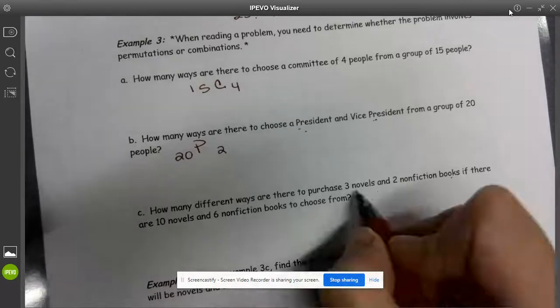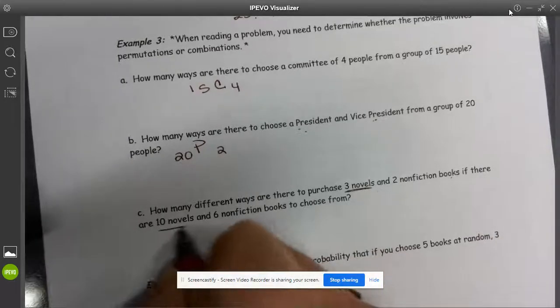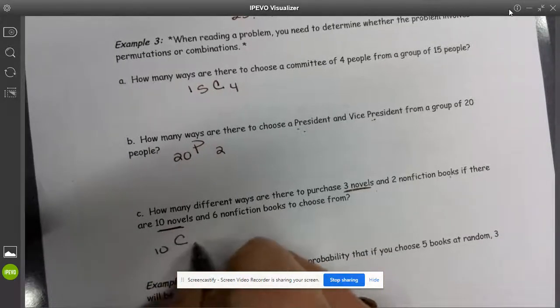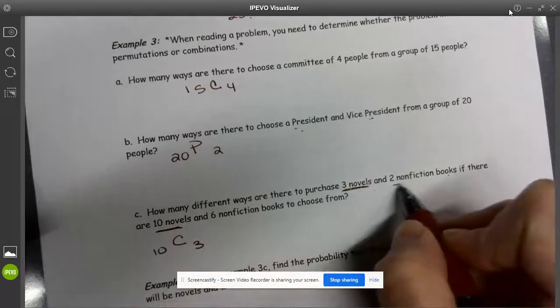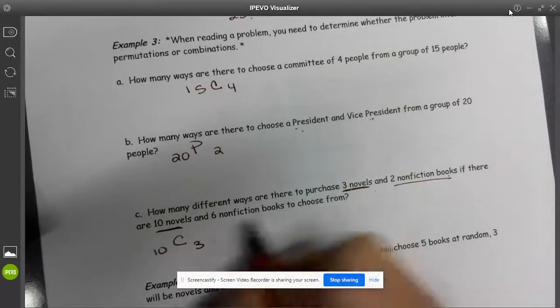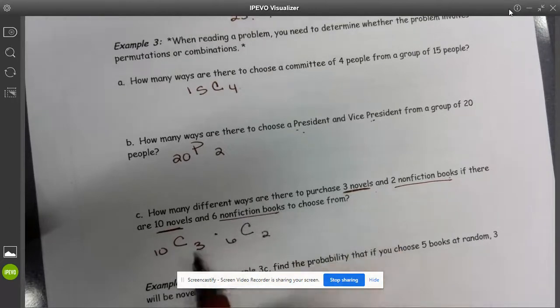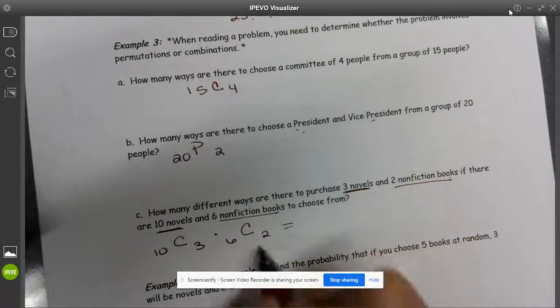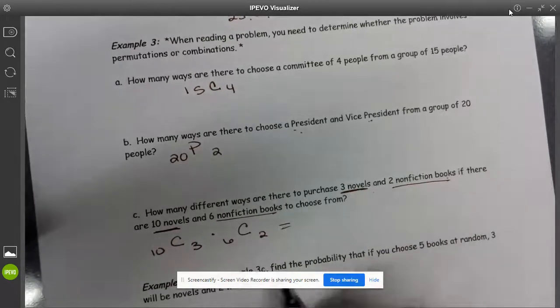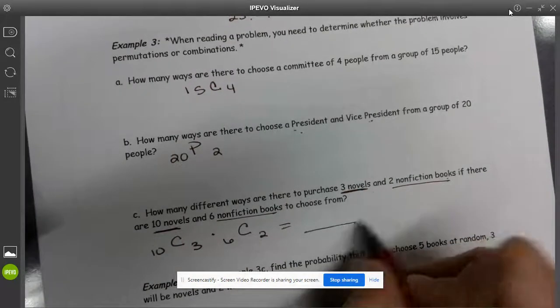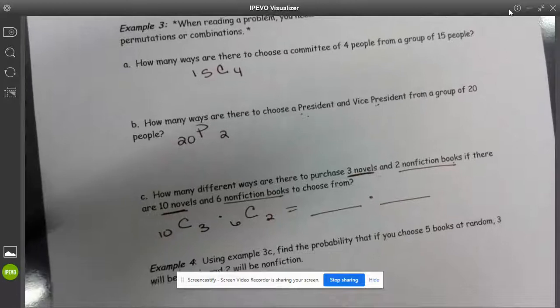But how would we do it? Well, I'm taking 3 novels from 10 novels, and I'm taking 2 nonfiction books from 6 nonfiction books. If I have this many ways to do this and this many ways to do this, then I'm going to multiply them together to get the total number of ways.